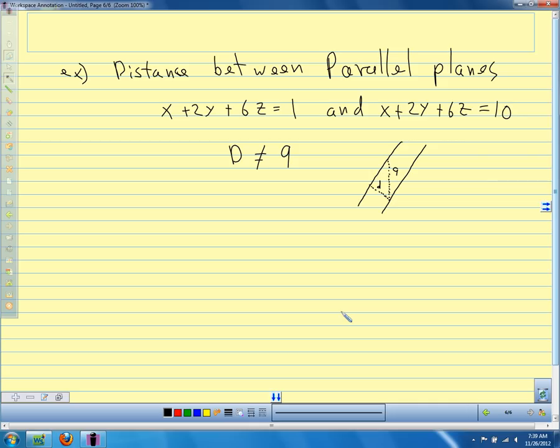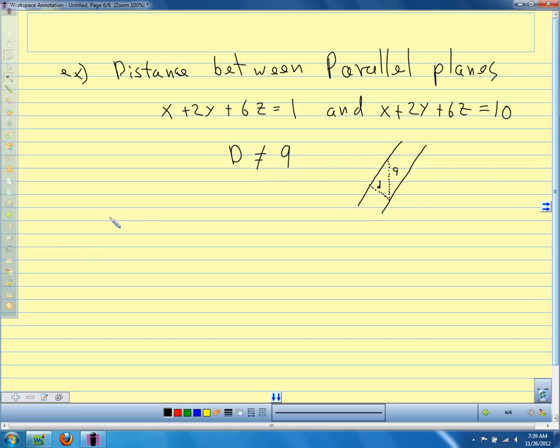Find a point on one of the planes, and then, perfect. So if we're looking at parallel planes, what Med said is we're going to find a point on one plane and just treat that as the point that we're interested in. And then we'll find the distance from the other plane to that point.